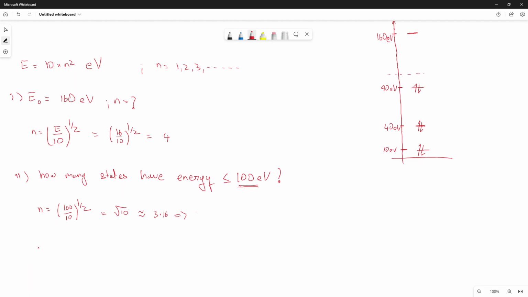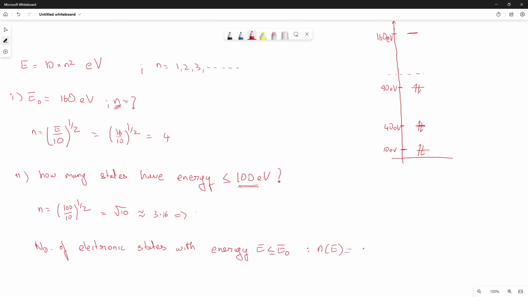The number of electronic states with energy less than or equal to E naught is given by, let me call this function N of E. N of E is 2 times this number n that we had previously defined.